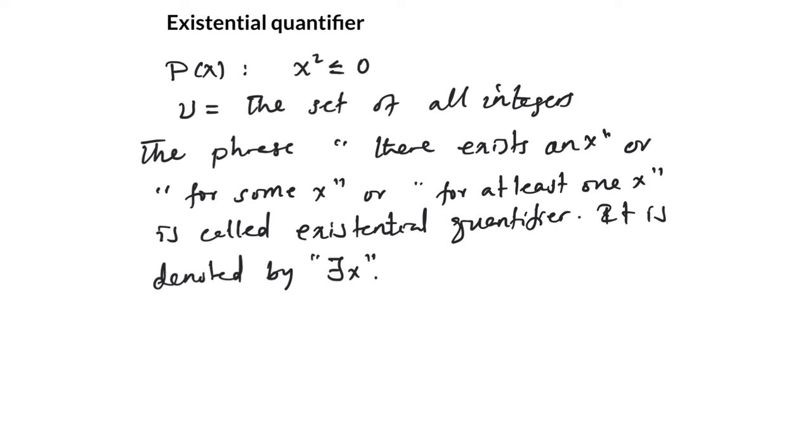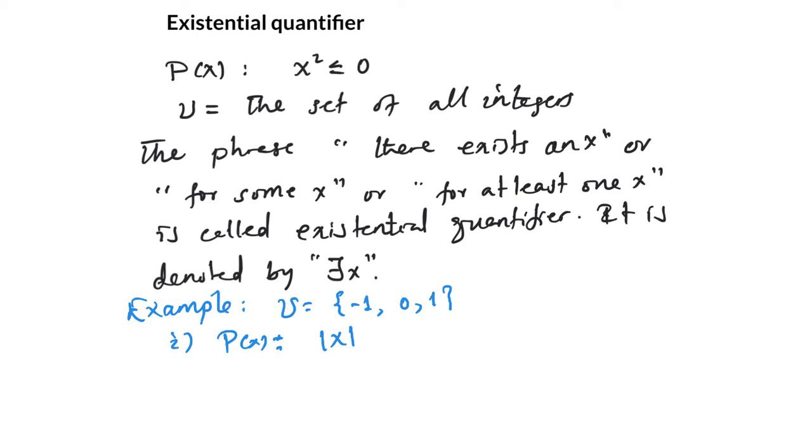As an example, let's say the universal set is the set containing -1, 0, 1, and P of x is the absolute value of x greater than or equal to 1.